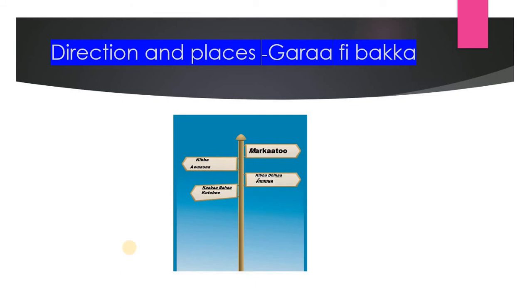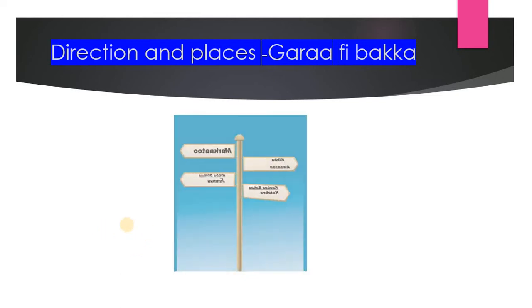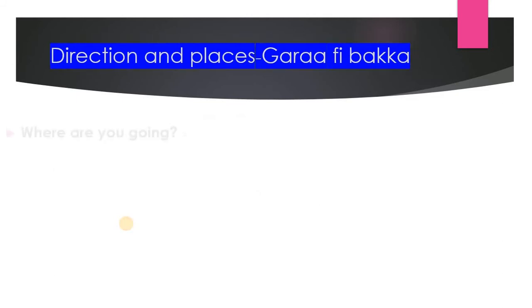This is part of the communication when we don't know, especially areas, locations, and directions. So we see some of the questions that we can ask to get directions to where we are going. So stay with me, and I'm gonna ask some questions on how we can deal with this.